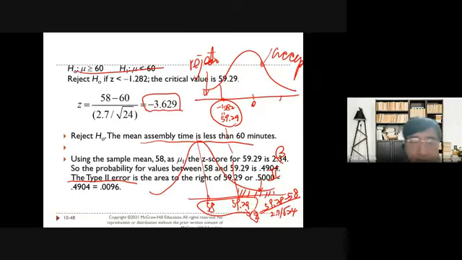The z-value we calculated using this is 2.34. For 59.29, the z-value is different. The previous one had mu of 60, but here mu is 58, so the value is now different. So we want to know the probability of being bigger than 2.34.